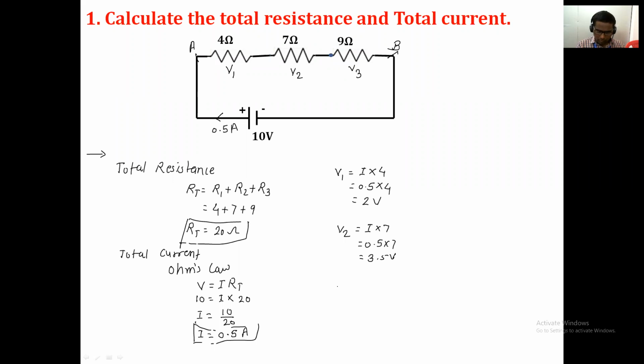Similarly, we can calculate V3, which is the voltage across the 9 ohm resistance. That is I into 9, which becomes 0.5 into 9, so it becomes 4.5 volt. The main characteristic of a series circuit is that total voltage is always equal to V1 plus V2 plus V3.